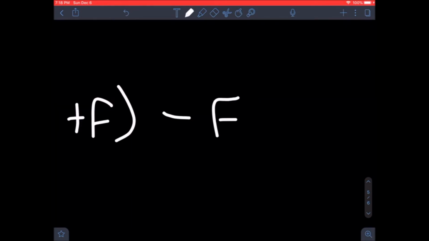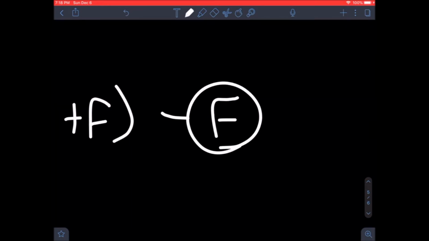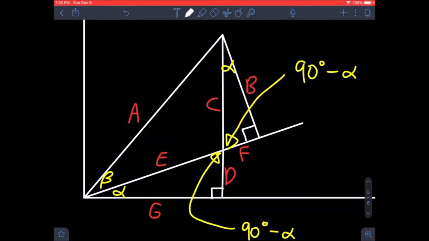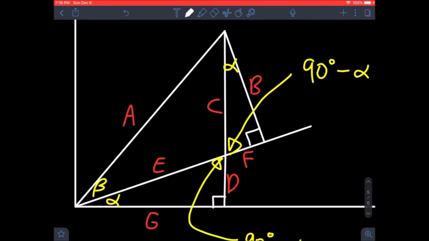Next, we have to find what F is in terms of A. So let's go to our picture right here. Basically, we have to write F in terms of A. And the thing is, F and A are not part of the same right triangle. So what can we do? Well, notice how we can write F in terms of B, and then we can write B in terms of A, right?